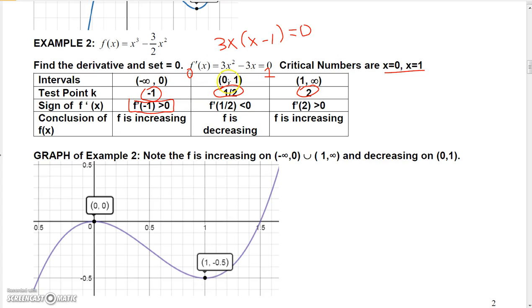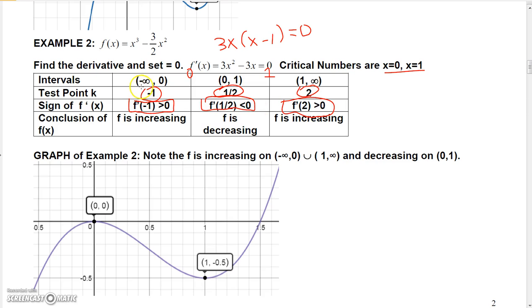Now if I plug 1/2 in, 3 times 1/2 is positive, 1/2 minus 1 is negative, a positive times a negative is negative, so the derivative at 1/2 is negative. And then if you plug 2 in, 3 times 2 is positive, 2 minus 1 is positive, positive times positive is positive, so the derivative is positive at 2.